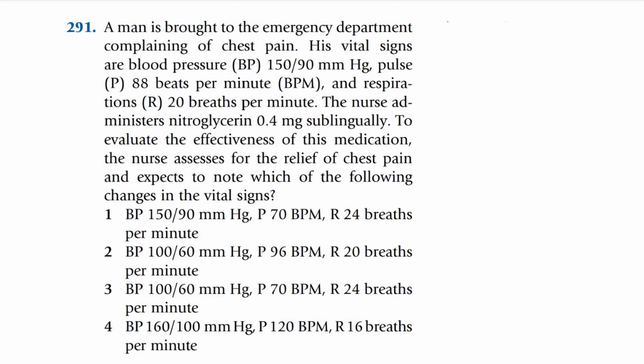291. A man is brought to the emergency department complaining of chest pain. His vital signs are blood pressure, BP, 150/90 mm Hg, pulse, P, 88 beats per minute, BPM, and respirations, R, 20 breaths per minute. The nurse administers nitroglycerin 0.4 mg sublingually. To evaluate the effectiveness of this medication, the nurse assesses for the relief of chest pain and expects to note which of the following changes in the vital signs. 1.